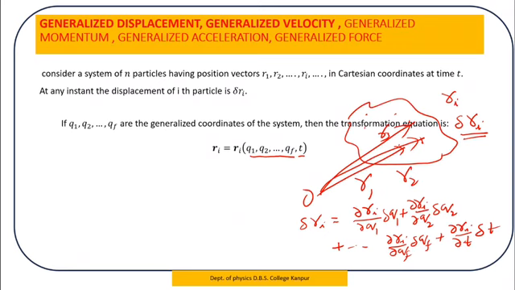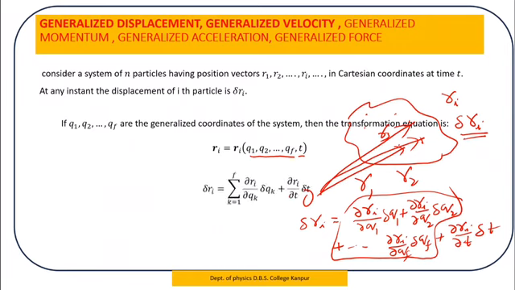This can be written as the summation over k equal to 1 to f of del ri upon del qk delta qk.